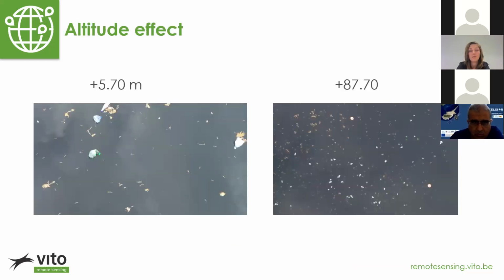This gives an idea of 2 different altitudes. At the left, a drone data set that was taken at 5.70 meters, and at the right-hand side, one taken at about 90 meters altitude. And you see that, of course, it's difficult to use the right-hand side data set for annotating plastics and for developing our AI model, whereas on the left-hand side, you can really recognize the individual plastics.